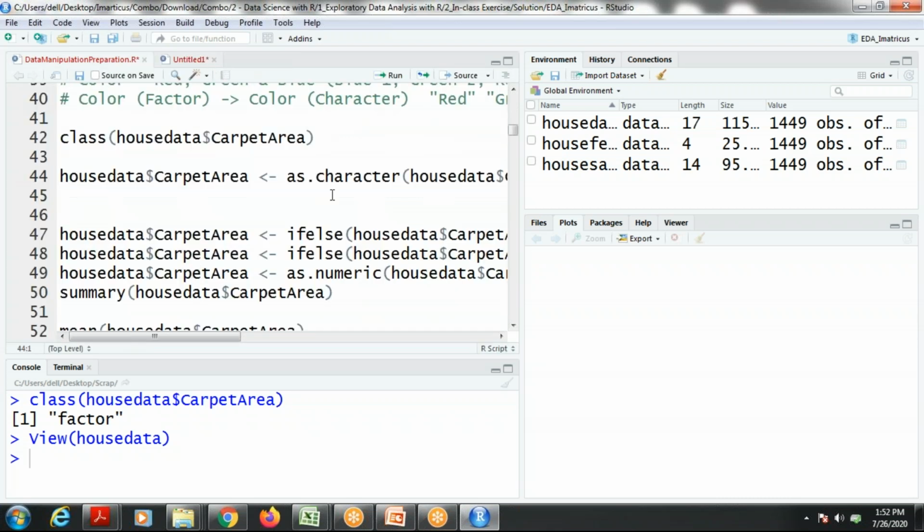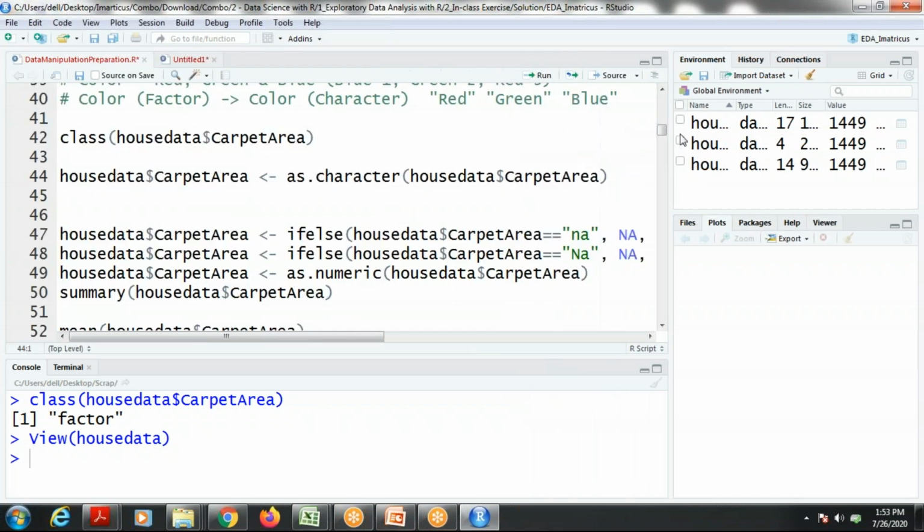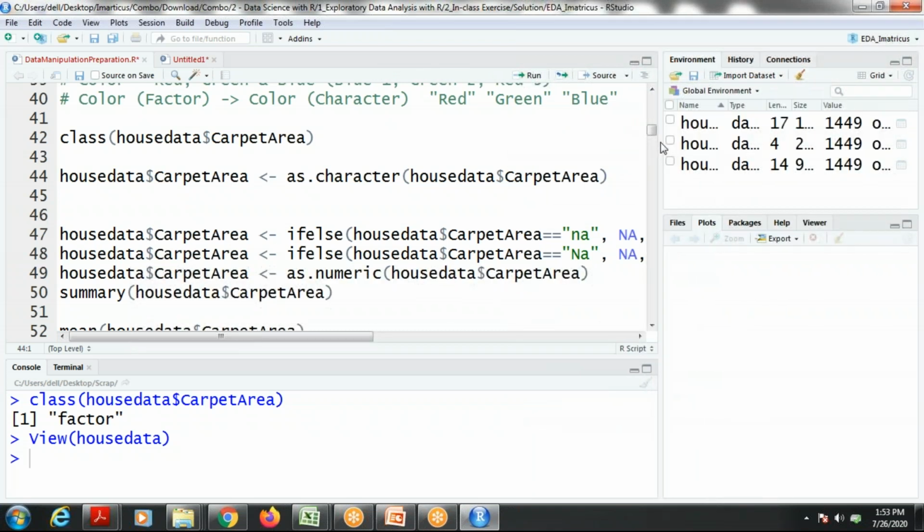So what do we need to do for that? First of all, we are going to do some treatment. And be careful. We know that carpet area is a number. It's not a character and not a factor. So first of all, we are going to convert a factor into a number.